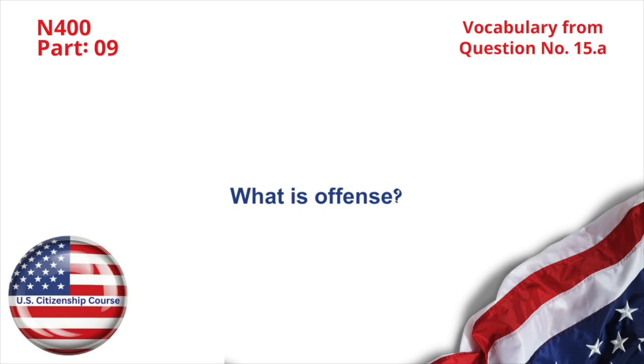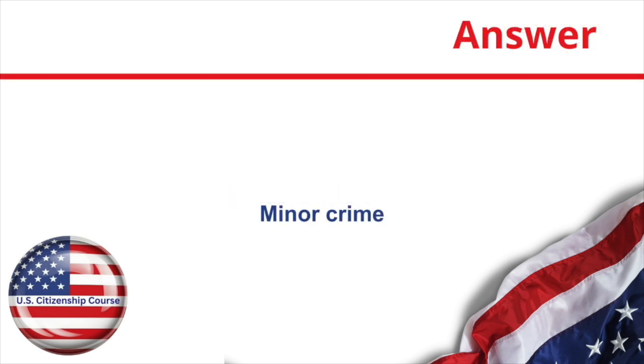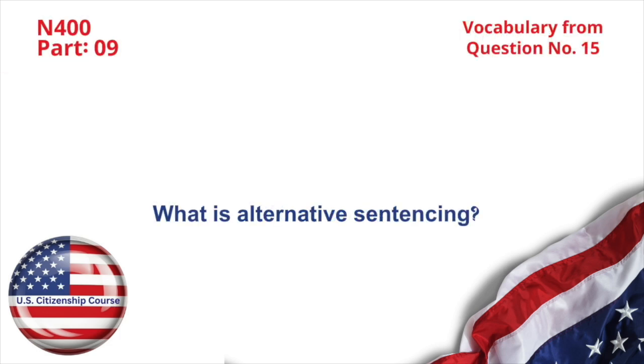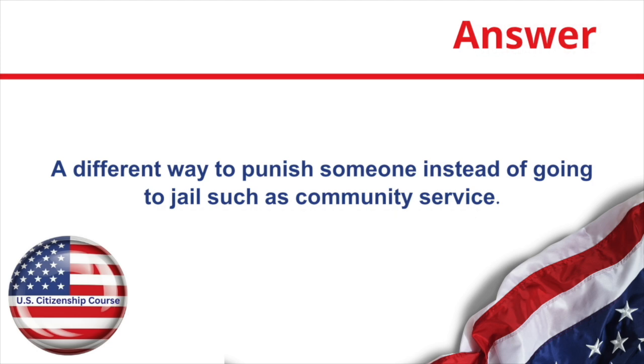What is offense? Minor crime. What is alternative sentencing? A different way to punish someone instead of going to jail, such as community service.